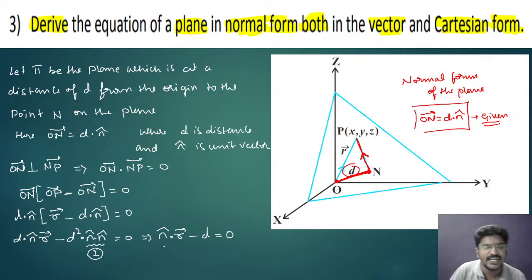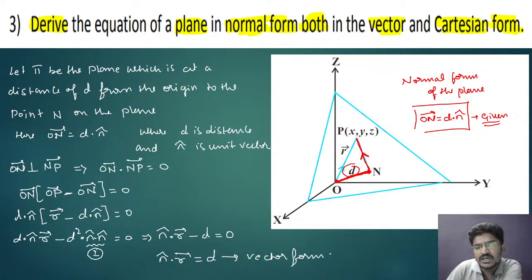So therefore you can write it as N cap dot R equal to D. Therefore N cap dot R equal to D. This is your vector form of the plane. Take it as equation 1.